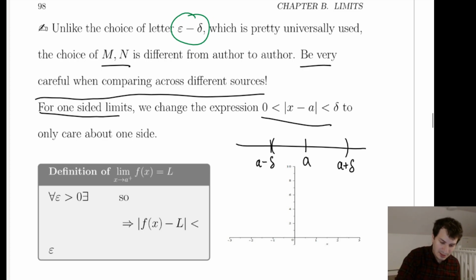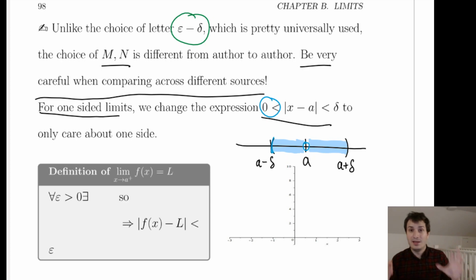This is what the 0 part does, 0 less than. It makes a hole at a, but other than that, we're looking at all the numbers from a - delta to a and from a to a + delta. So that's what 0 < |x - a| < delta represents: the interval a - delta to a + delta. So we're talking about x values that are close to a but not equal to a.